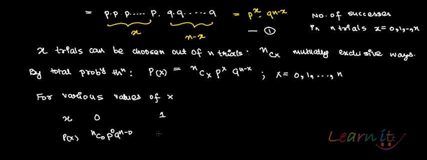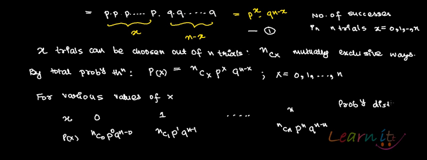When x is equal to 1, this becomes nC1 p to the power 1 q to the power n minus 1, and so on to when x is equal to n, so this becomes nCn p to the power n q to the power n minus n. Is that right? This is called the probability distribution of number of successes obtained.